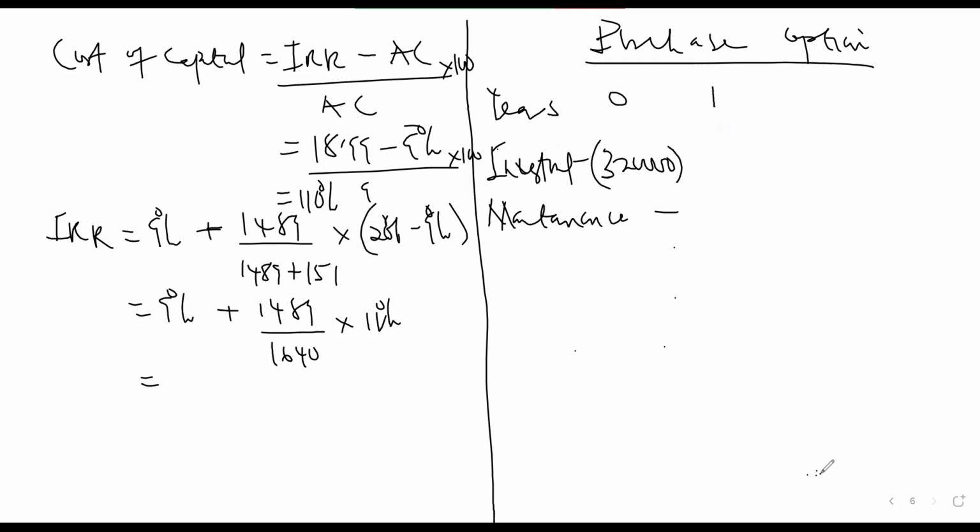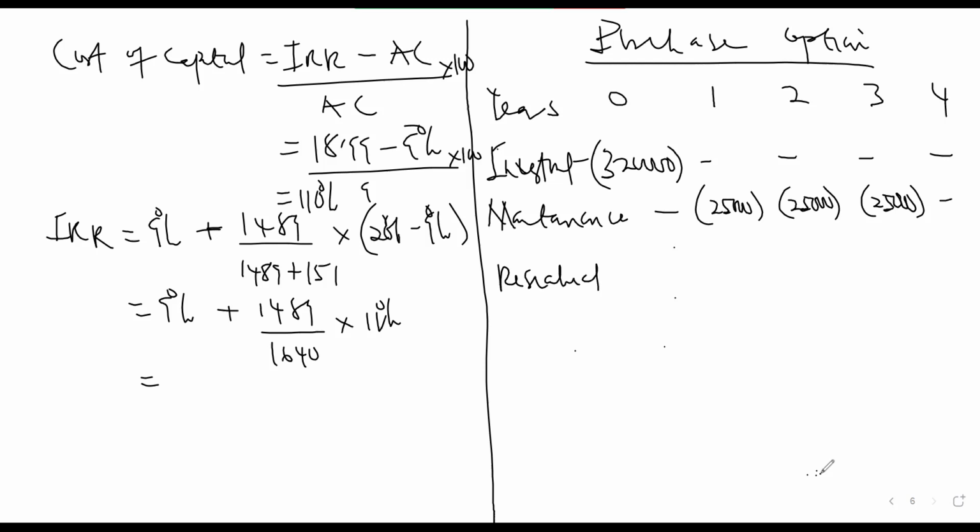So year 1 dash, year 2 dash, year 3 dash, year 4 dash. So this will be 25,000, 25,000, 25,000 and dash.